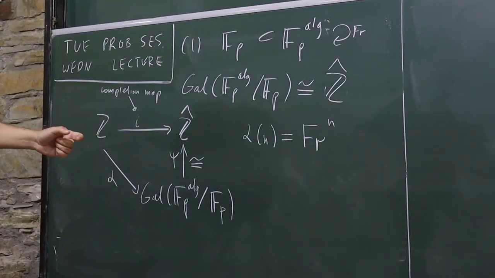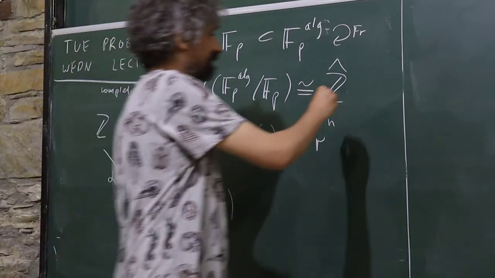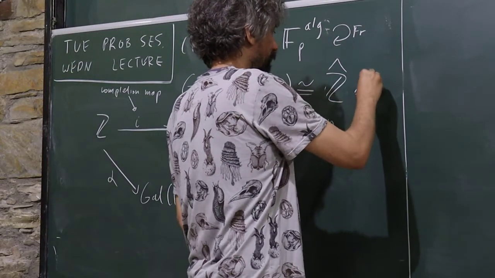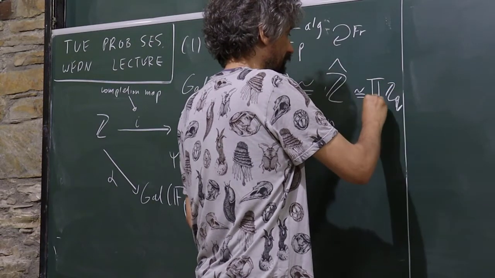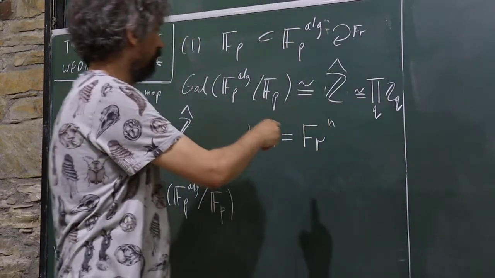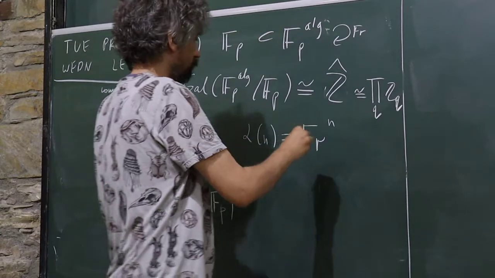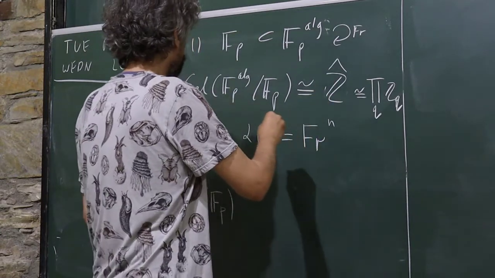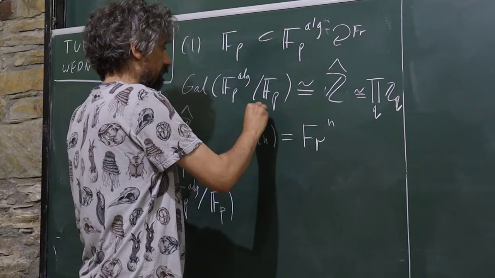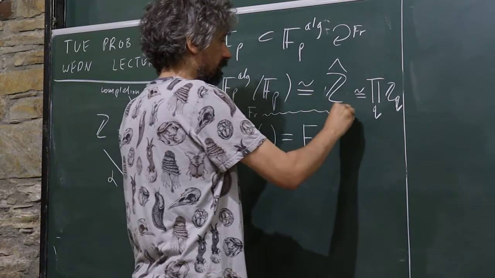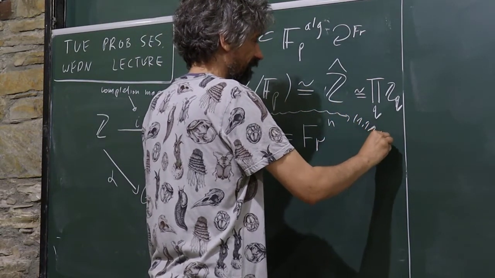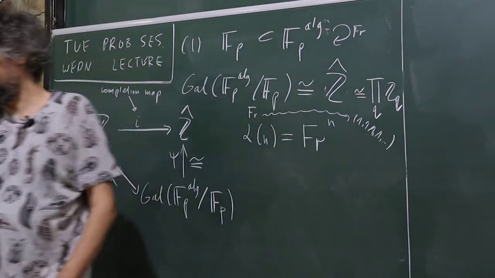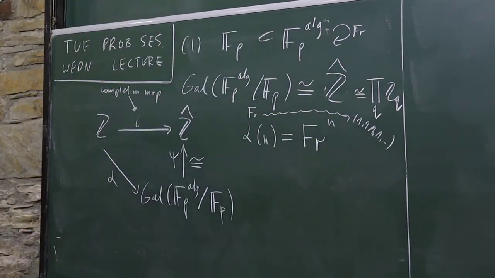So if you look at Z hat as this product of Z_q, that Frobenius corresponds to 1, 1, 1 everywhere, and all the others, okay, it's not easy.